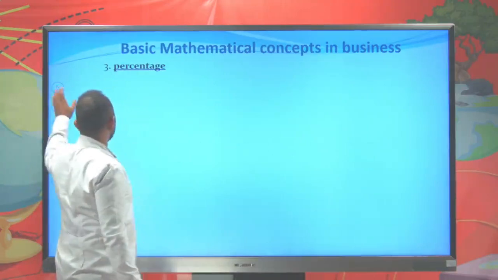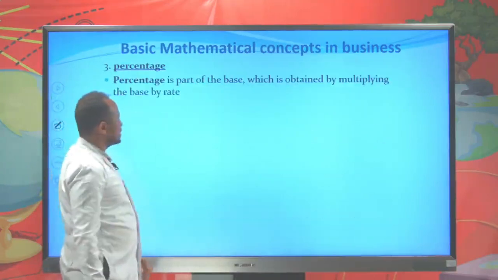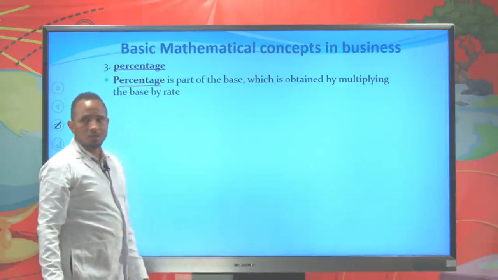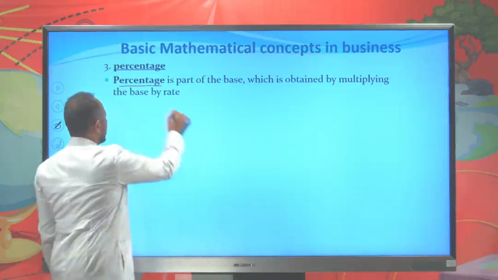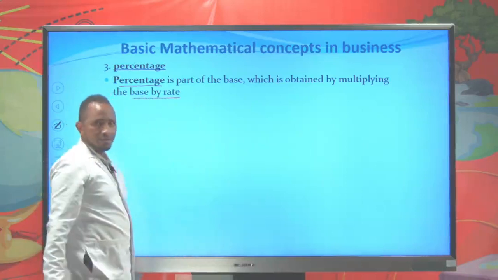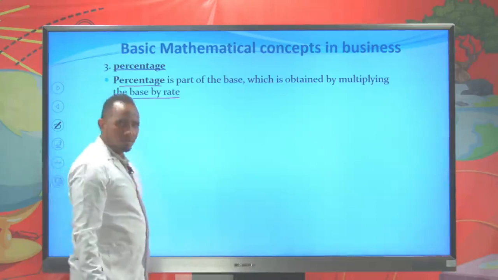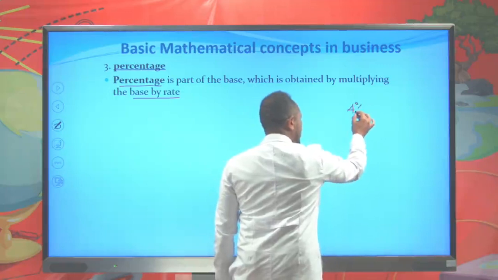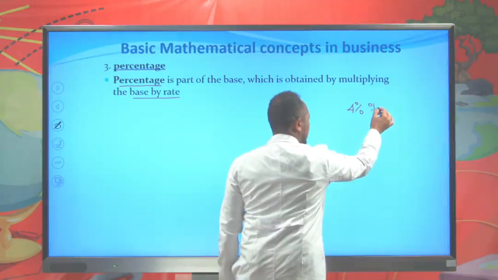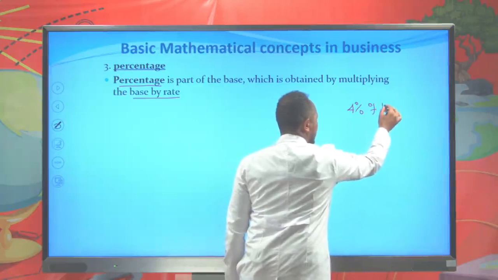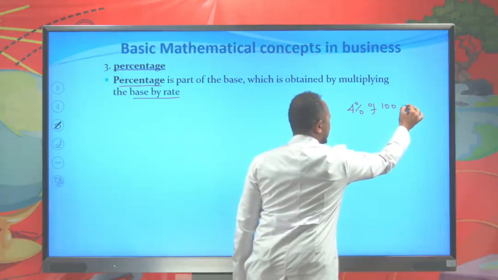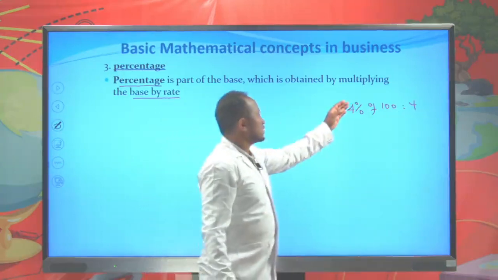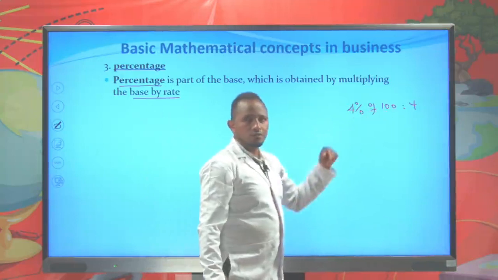Now let's see percentage. Percentage is the part of a base which is obtained by multiplying the base by rate. To explain this, for example, 4% of 100, when you calculate it, 4% times 100 gives you 4.